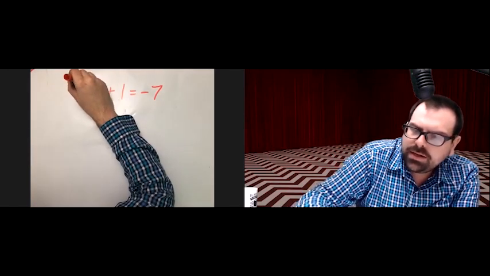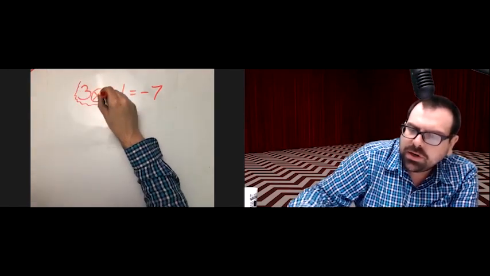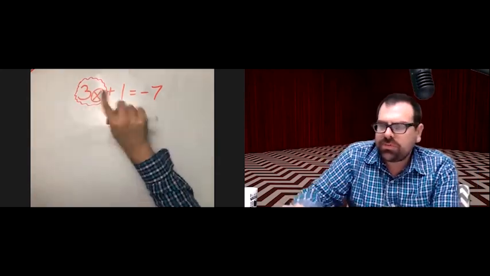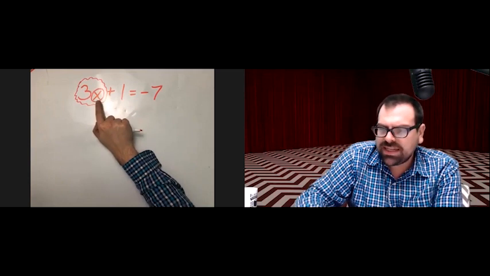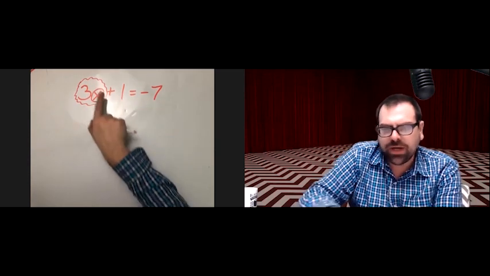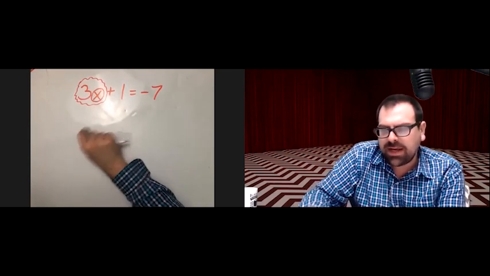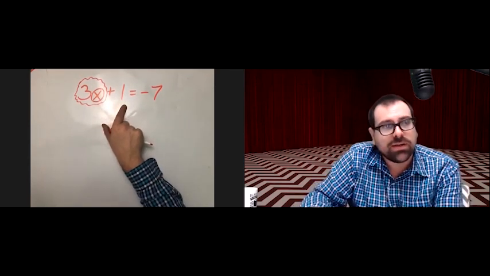It is currently part of this 3x, which means in order to get to the x, we got to get to the 3x first. How do we get the 3x by itself? We got to get rid of the plus 1.